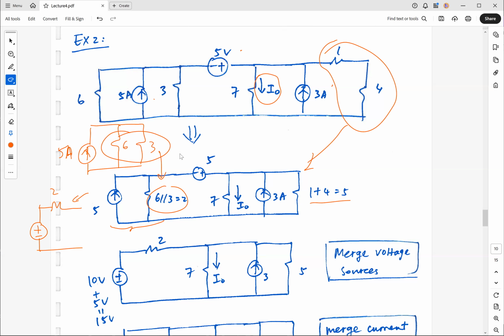How about the voltage source? On the voltage source here, I apply simple Ohm's law. Take this 5 amp multiplied by 2, so I have I times R. So 5 times 2, this now becomes 10 volt. I see another 5 volt here.